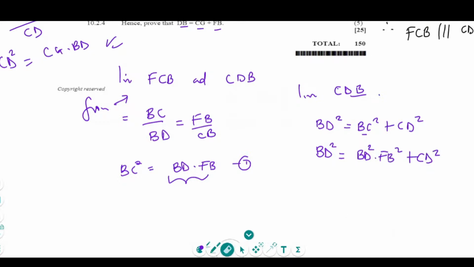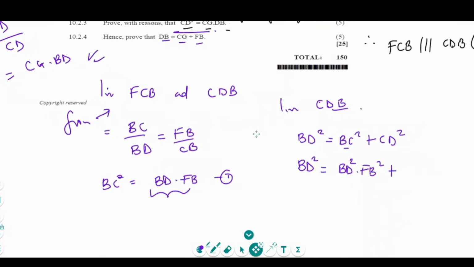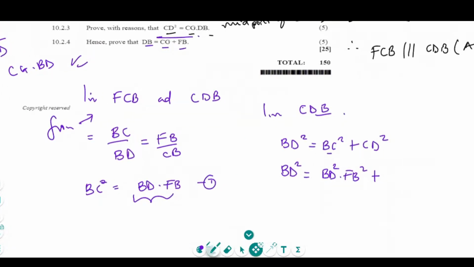Maybe I should also replace this CD because my previous question asked me for a CD. We can see that from this step they told us CD squared is the whole of this. So it's just CG times DB, which is BD.